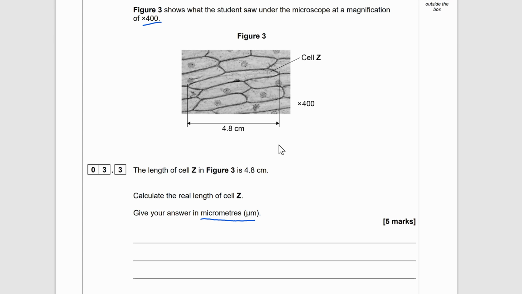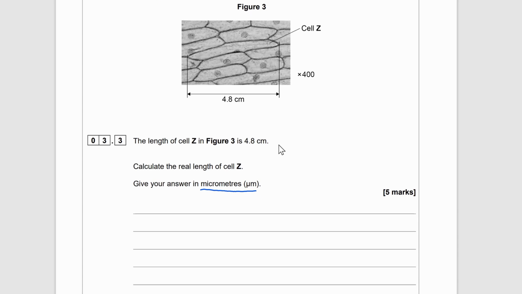So we need to recall our magnification equation here. So magnification is equal to image size over actual size. So plugging the numbers in now, what is given to us, the magnification was given to us, that's 400.